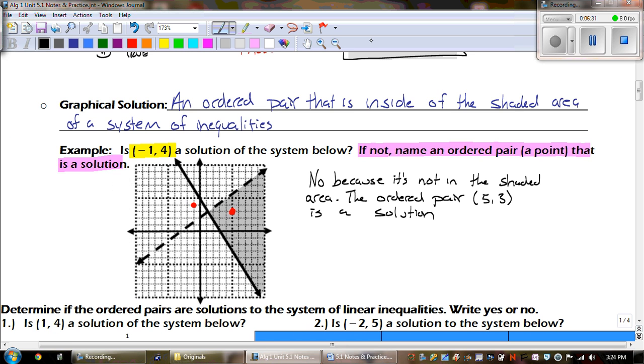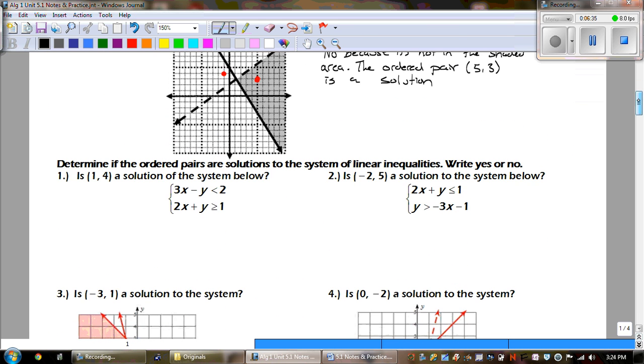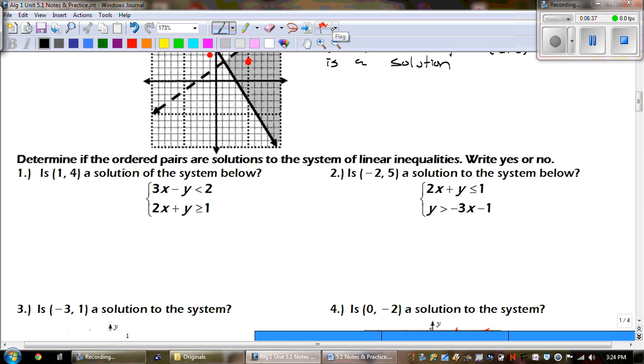All right, let's look at the next part. It's saying determine if the ordered pairs are a solution to the system of linear inequalities, yes or no. For the first part, we're going to do one together and you get to do two on your own. We're going to be plugging in this point into each inequality.